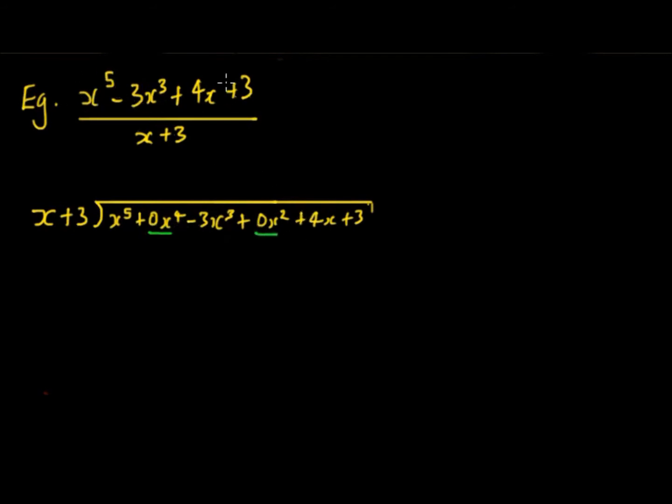As the polynomial doesn't have any x to the 4 term, it has a 0x to the 4 term, which is just equal to 0, and a 0x to the 2 term, which is just equal to 0. And then you can just leave them out for simplicity. However, with long division, if you leave them out, that's fine, but it is a lot easier to make mistakes, so I find you're less likely to make numerical mistakes if you put in these 0 terms.